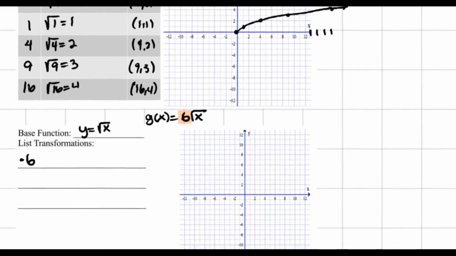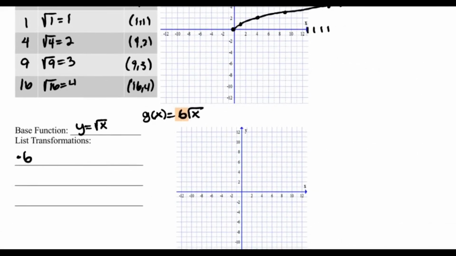When we have a multiplication by 6, that's an indication of either a stretch or a compression. So the way we determine which one it is, and there's a vertical stretch, a vertical compression, or a horizontal stretch or horizontal compression. So what we notice is that the 6 is multiplied onto the square root function, and that is outside of the square root function. So we know that this is either going to be a vertical stretch or a vertical compression.